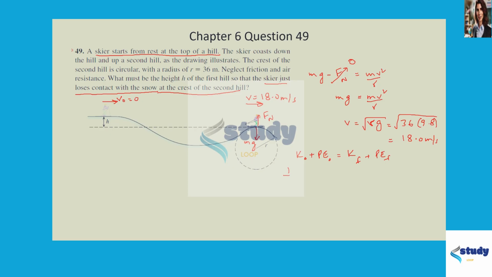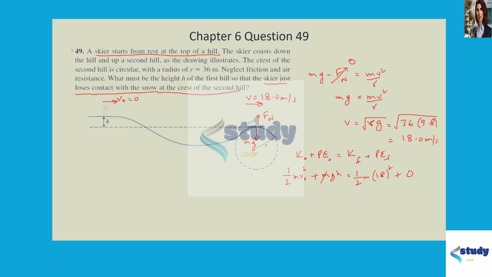So we have 1/2 mv naught squared plus mgh is equal to 1/2 m times 18 squared plus 0. We can take the potential energy at the end point to be 0 because that's lower by amount h from the first point.